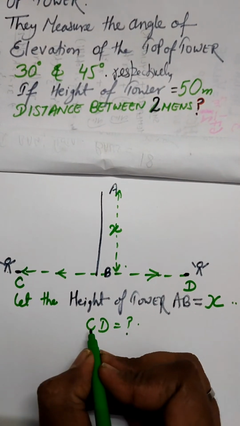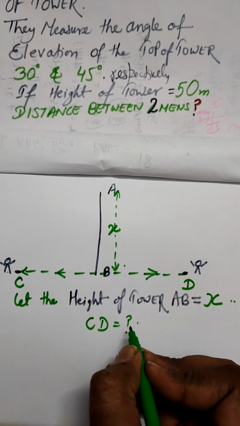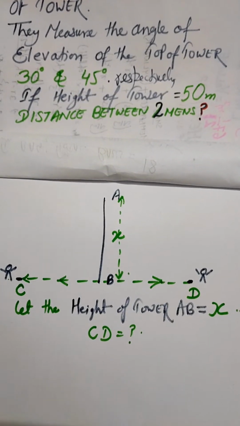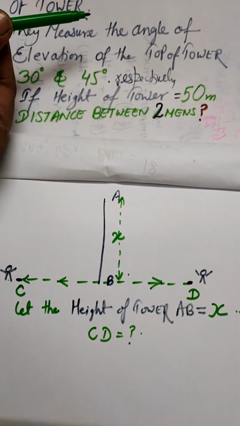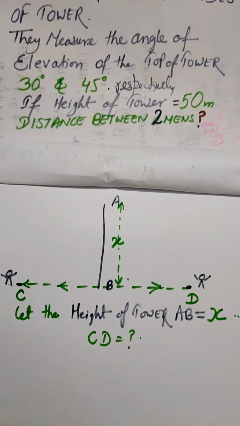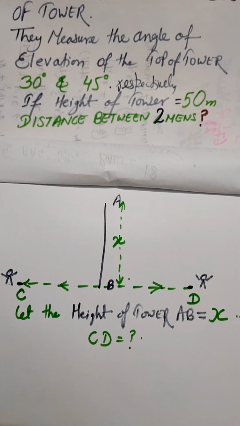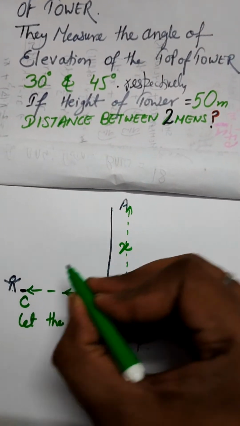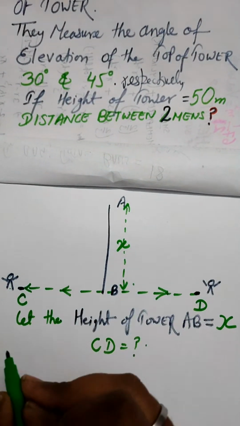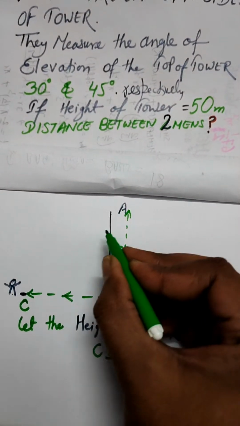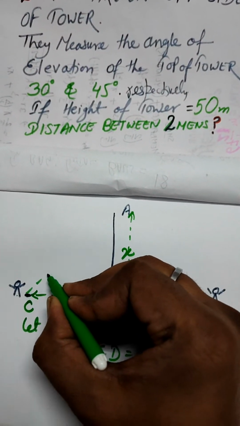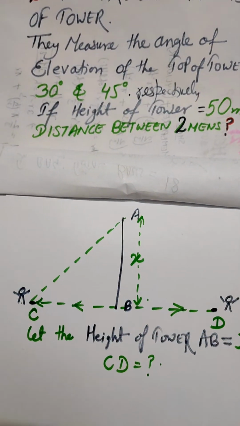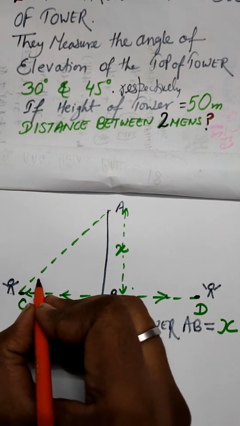Now, if we need to calculate the distance between CD, we need to see the other part of the question. Here we can see they measured the angle of elevation of the top of the tower as 30 degree and 45 degree. If this is the first man, then the angle of elevation will be formed when he is looking upward, like this. So let's say this is 30 degree.